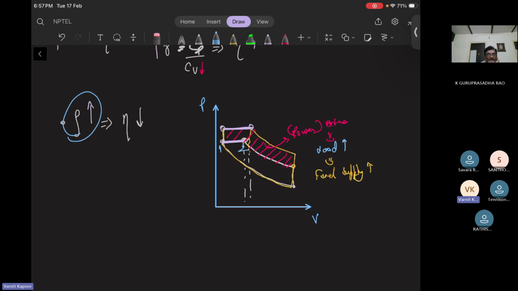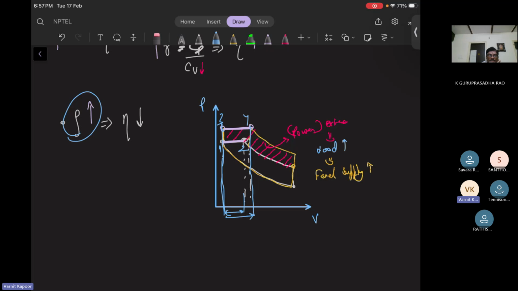Earlier my rho was from 1 to 2, from this position to this position. Now I have increased the fuel supply for the system from 3 to 4. Someone will increase the fuel supply when the load over the system is higher, that means you want more power to be generated.